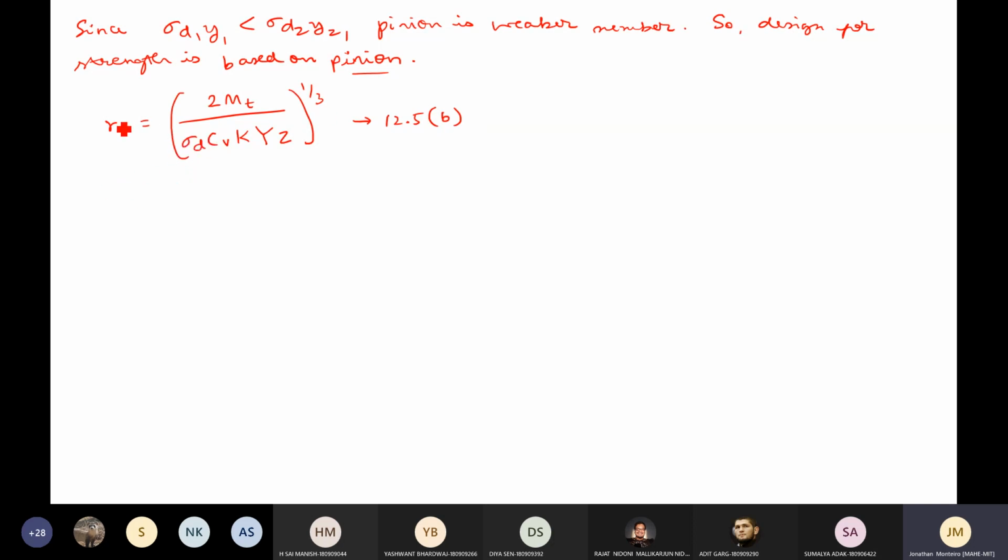Module is still unknown, that is what we are trying to find, and since diameter is not known, even Cv will be unknown, correct? So let us cube both sides. So m cubed Cv must be equal to 2 mt by sigma d. In this case we are designing for the first one, so I'll directly put it as 1, then k, and then y, which is y1, and this is z1.